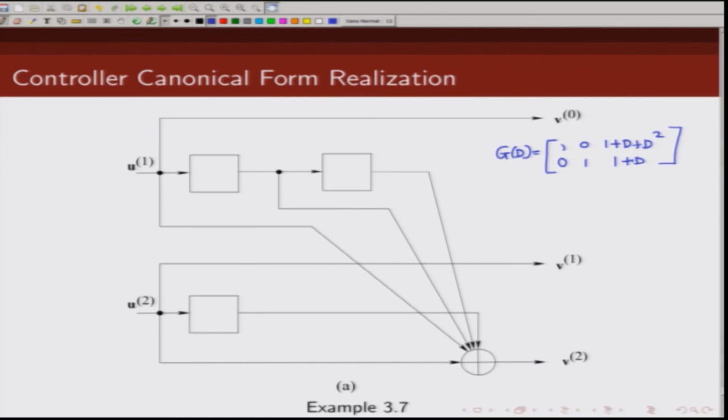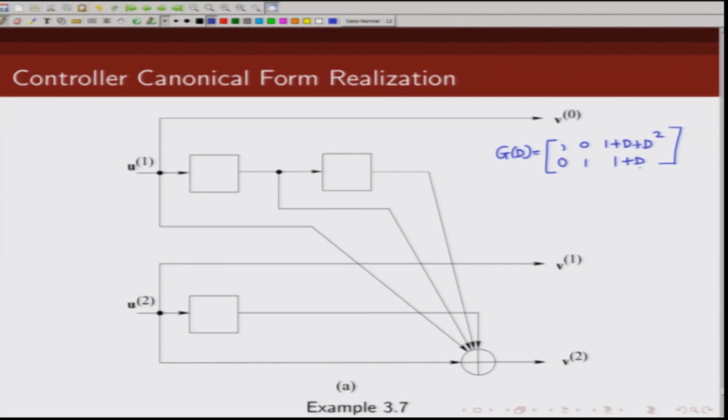Okay. Now, what is the first output? First output is directly input U1. So, this is my U1. Second output is directly U2. This is basically this. And the third output is 1 plus D square of U1. So, this is U1(D), this is D of U1(D), and this is D square of U1(D), plus 1 plus D times U2(D).